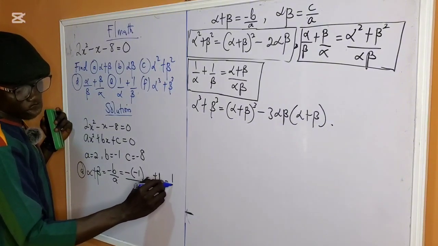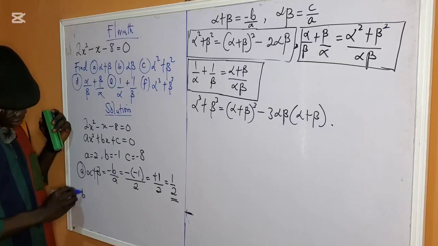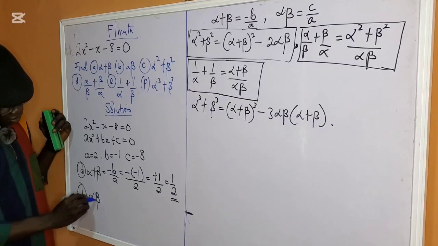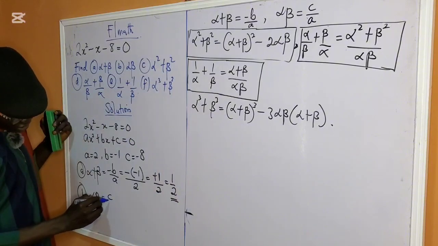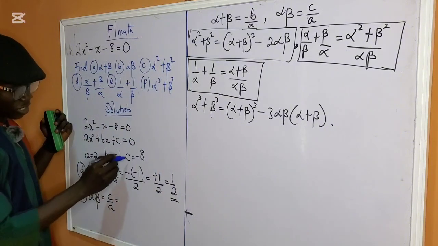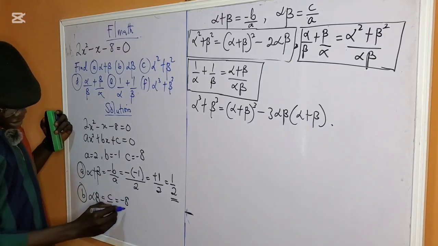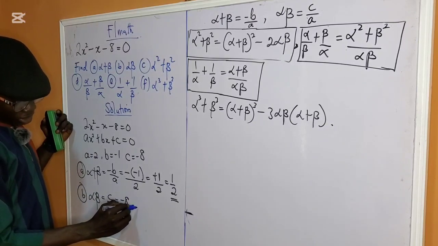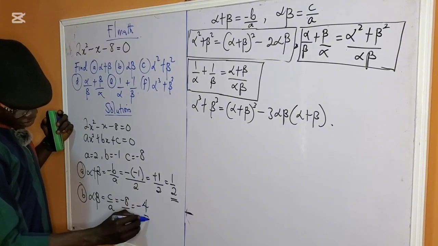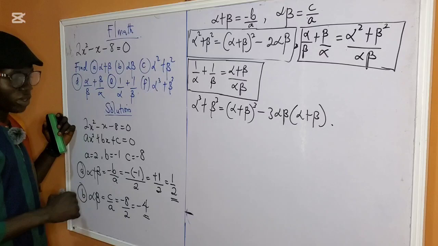So the answer is 1 over 2 for alpha plus beta. Then alpha beta equals c over a. So c over a, the c is -8 over a, 2. So that will give us -4. So we've gotten alpha beta, we've gotten alpha plus beta.